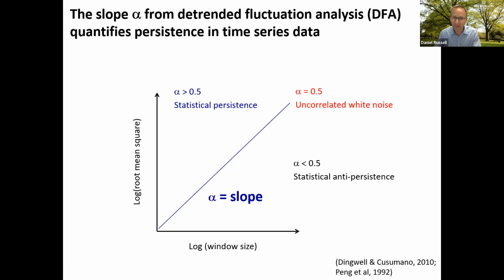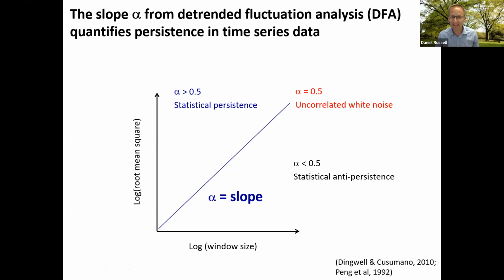If you get an alpha of 0.5, a slope of 45 degrees, this is basically saying there's an equivalent increase in root mean square fluctuations with window size, then the data can be equivalent to uncorrelated white noise.